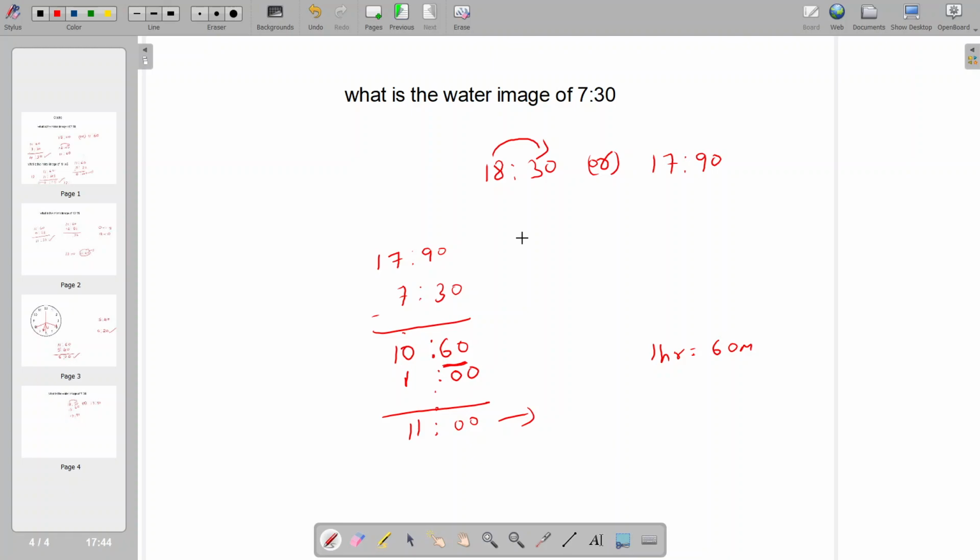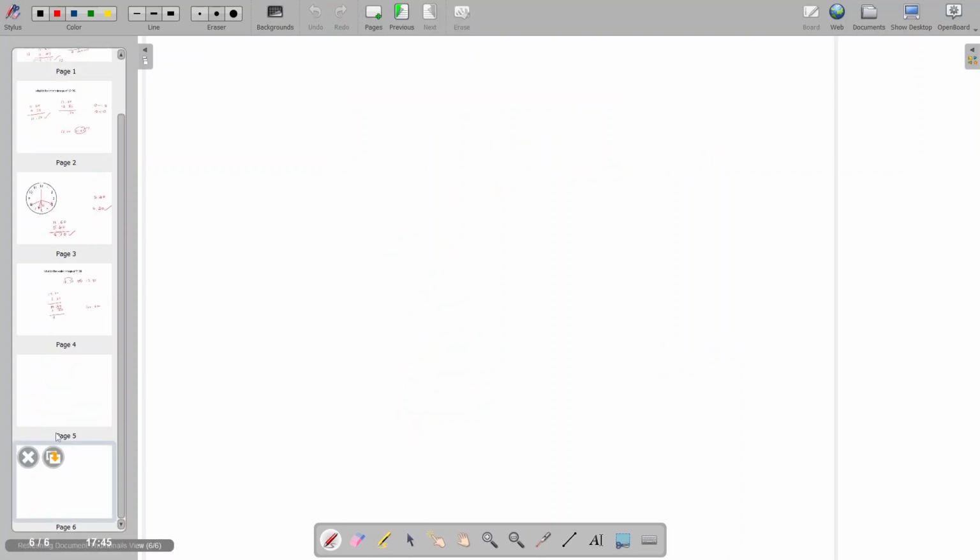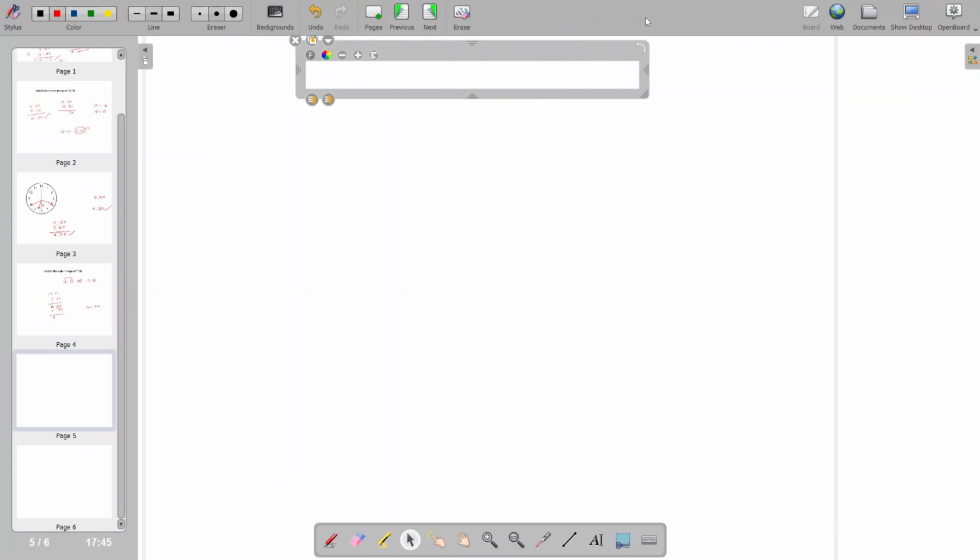We will solve the next question. I will take one new page. What is the water image of 2:30?